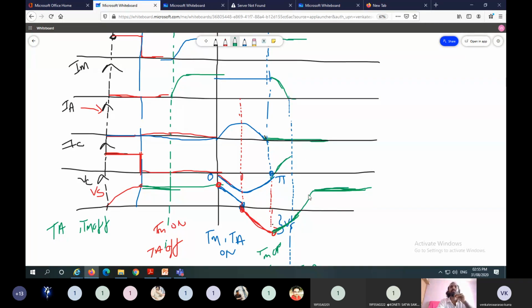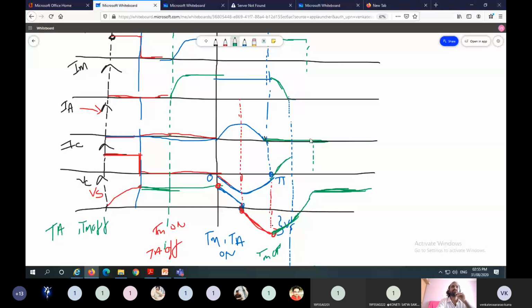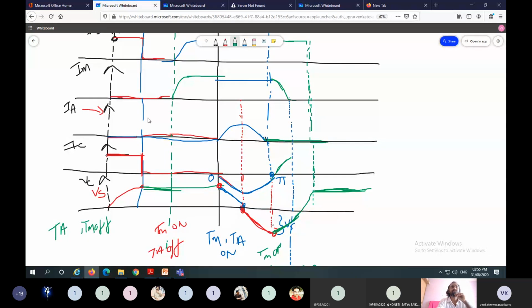And the capacitor current becomes 0 once it reaches Vs. Here it reaches this point, Vs. So once the capacitor charges to rated voltage, the capacitor current becomes 0 again.